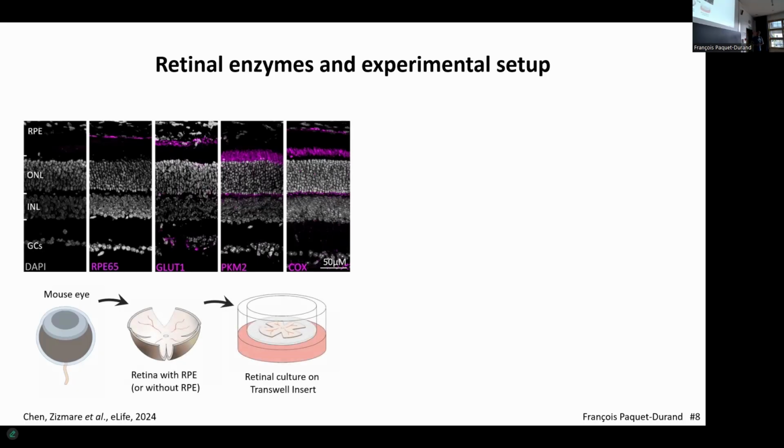What we then do is take mouse eyes, make retinal explant cultures from them, cultivate them on membranes, and put them into 6-well plates. Then we can manipulate them any way we want under serum-free conditions, free of antibiotics, in a defined medium, and analyze what happens.